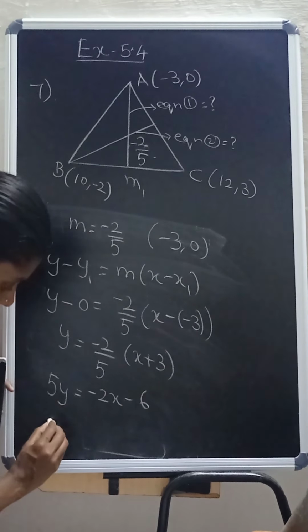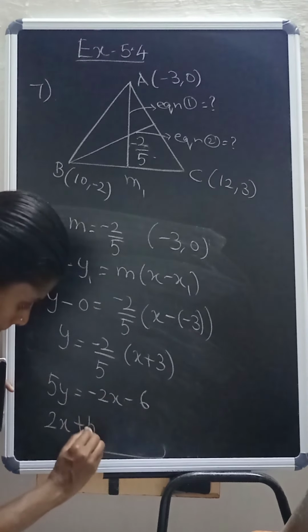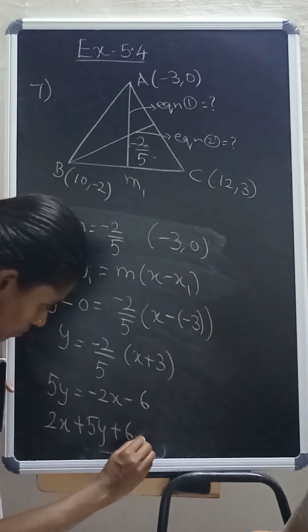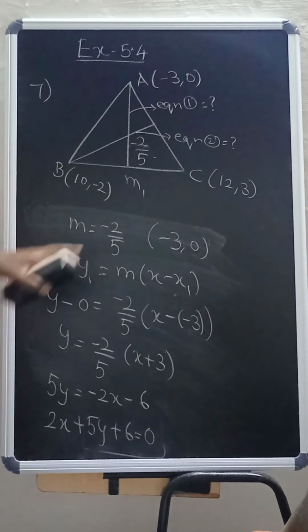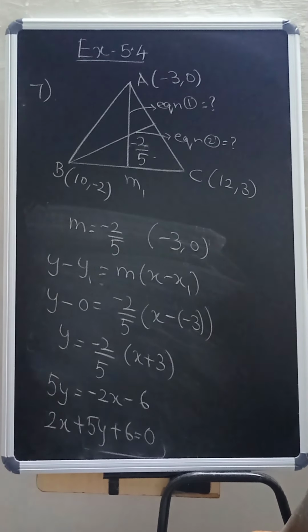Bring this to the left side. So 2x plus 5y plus 6 is equal to 0 is the equation of the altitude through A.